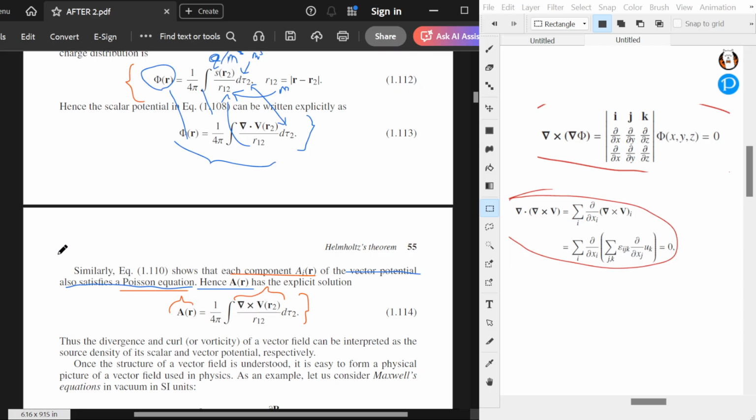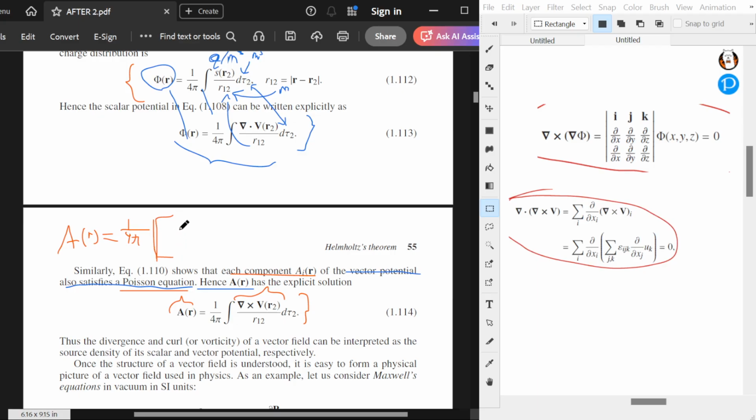I would have much preferred if it was like A(R) equal 1 over 4 pi, big bracket, integral, curl of phi_i, well, summation of i from 1 to 3. I was just going to do plus, but I realized I can do a summation.